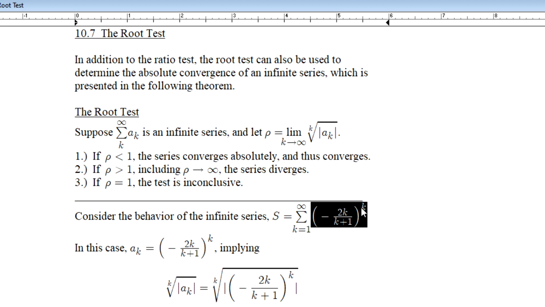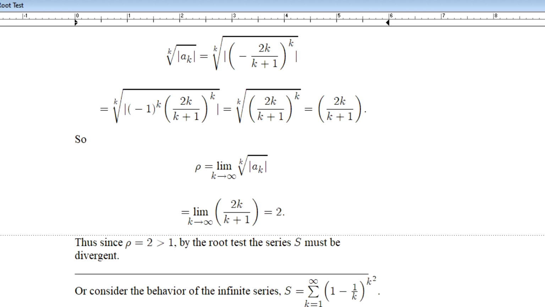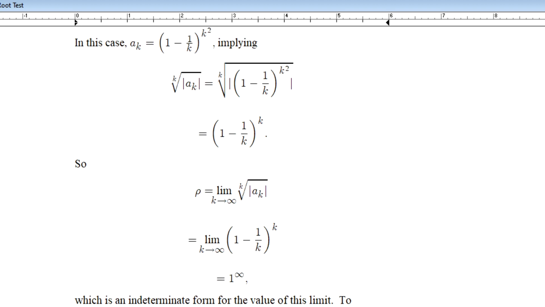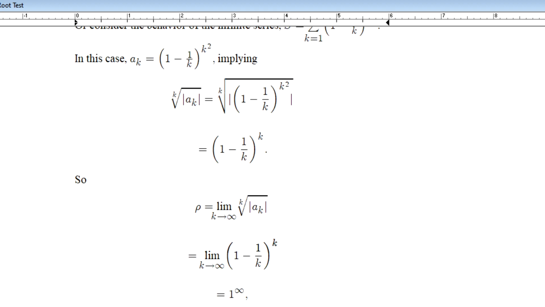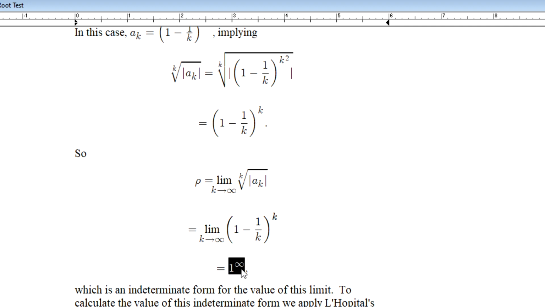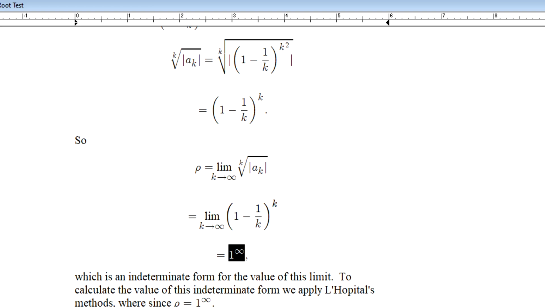When you have these arguments in your series raised to this kth power, this will certainly be an approach you might consider. But you do also want to keep in mind as you work through these, you are calculating limits, so you're going to have to at times be prepared to encounter these indeterminate forms along the way.